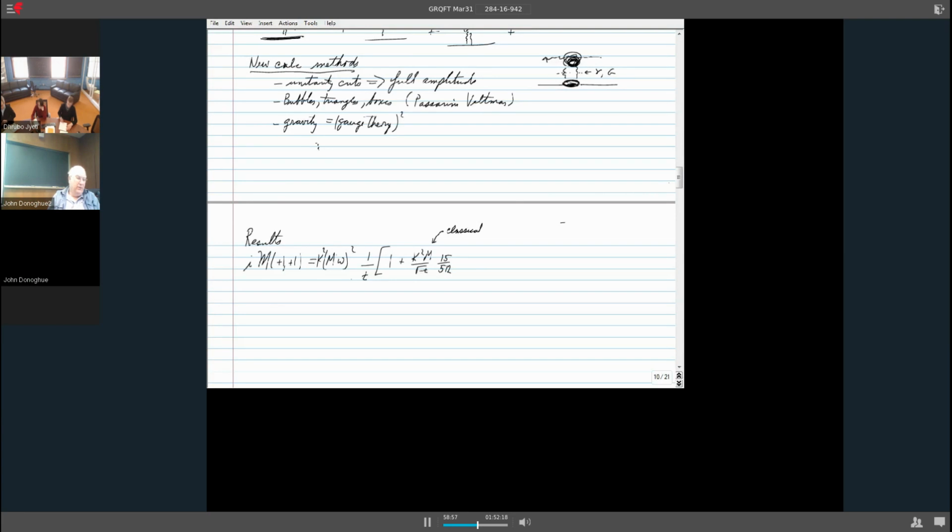There's a 1 over T, which comes from this diagram there. And then there's a kappa squared m over square root of minus T factor with the number 15 over 512.